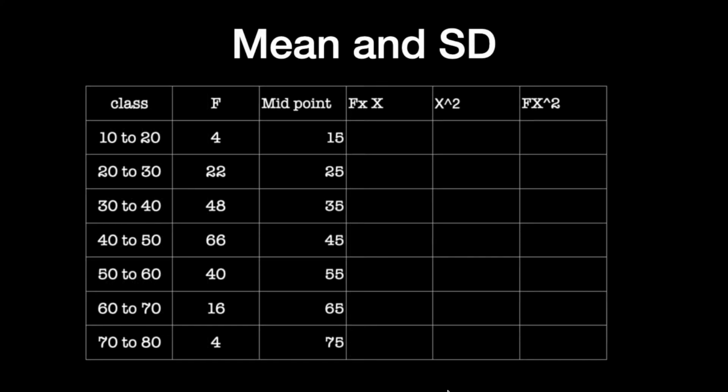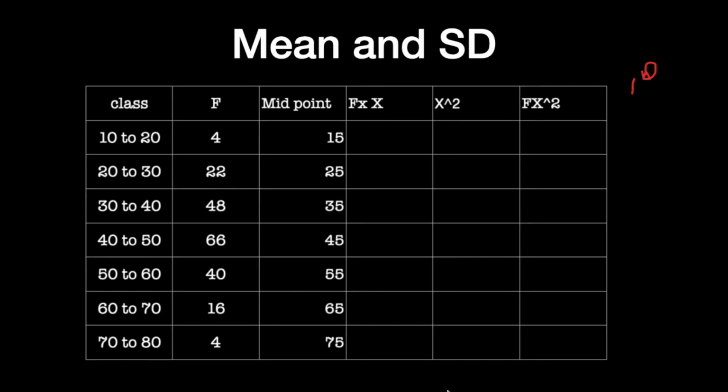For finding mean and standard deviation, for every class interval we can't take the class, we should find the midpoint. The midpoint for each class is calculated by adding the two class limits and dividing by 2.